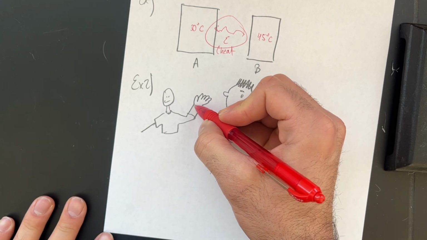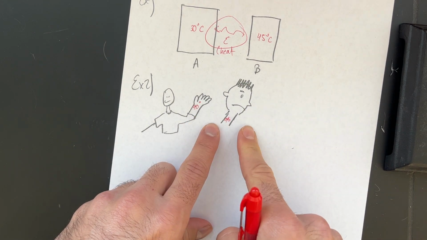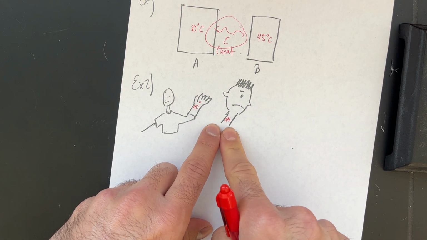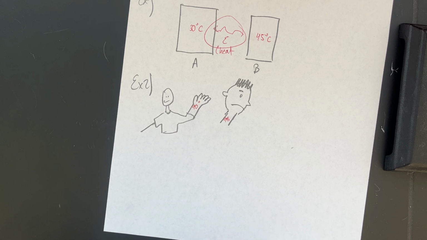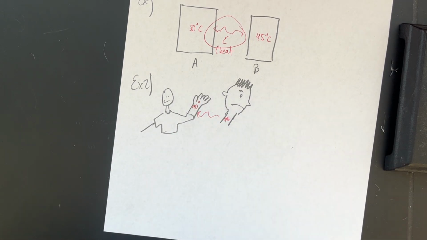I don't know exactly what it is because I don't know physiology, but let's say it's 90 degrees. And so when you put your hand on his neck, if his neck is 98 and your hand is 90 degrees, you're basically stealing energy from him. You're taking his energy. So despite the fact that your friend says, hey, you're making me feel cold, you're actually not making him feel cold, interestingly enough. What you're doing is you're just taking his heat.